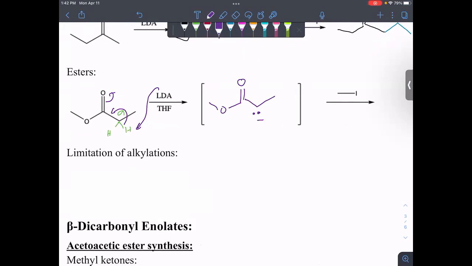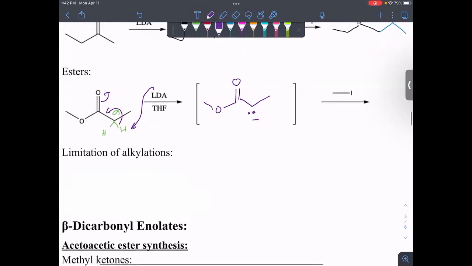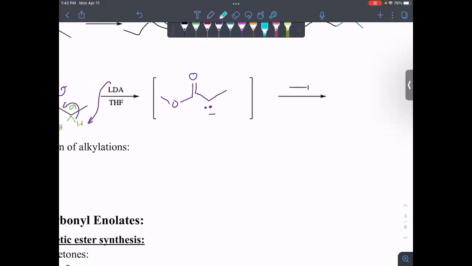Enol and alkyl halide, what happens again? Yeah, you just attack and attach the alkyl portion of the alkyl halide. So in this case, we have a methyl iodide.